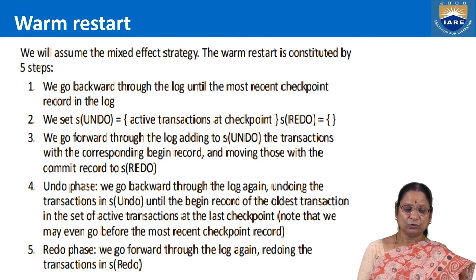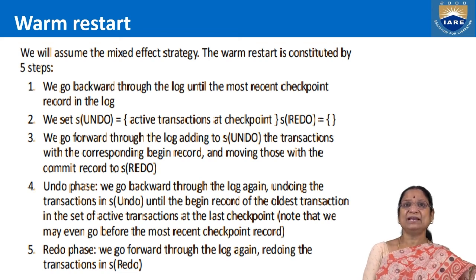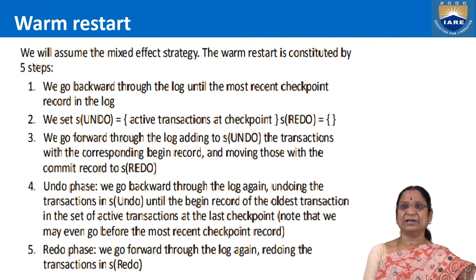Warm restart means system failure. First we have to go backward through the log file until the most recent checkpoint record in the log file. So we move in the backward direction till we get the recent checkpoint, and we set the undo list to the active transactions at the checkpoint.